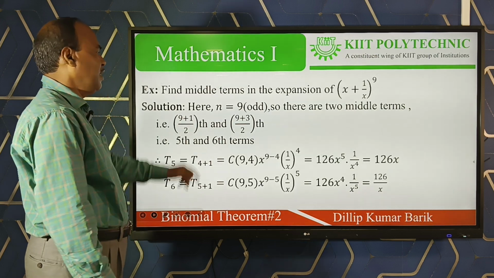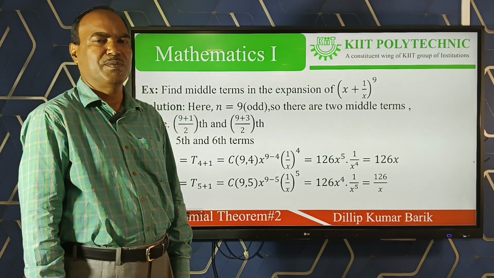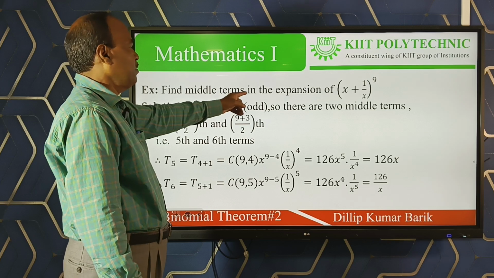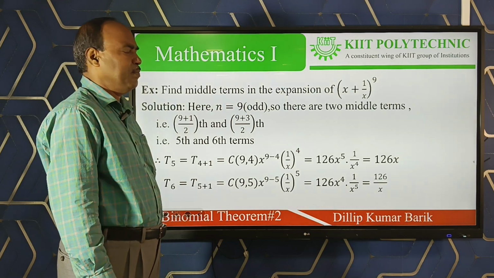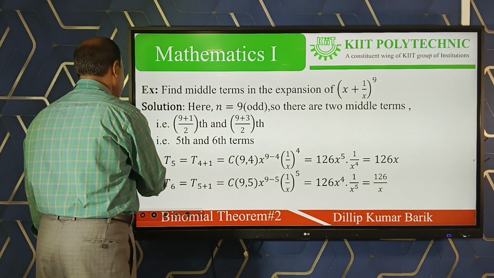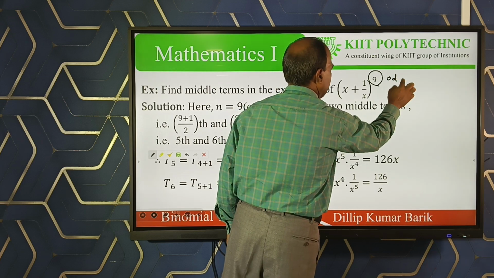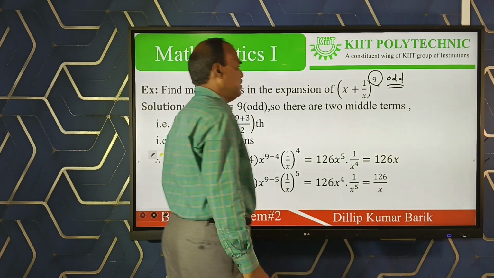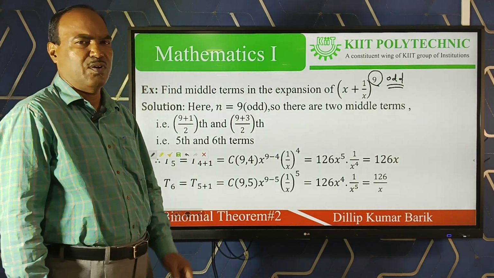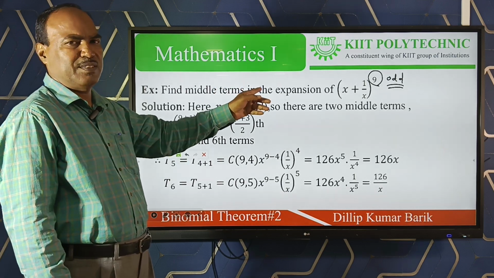Now come to a question: how to find the middle term in an expansion depending upon whether the number of terms is odd or even. Find the middle term in the expansion (x + 1/x) to the power 9. See, in our question, n is 9, an odd number. Since it is an odd number, as already discussed in the last slide, the number of terms after expansion is 10.